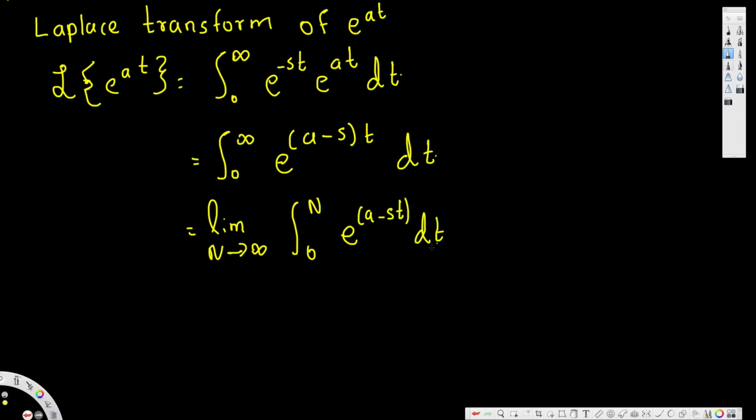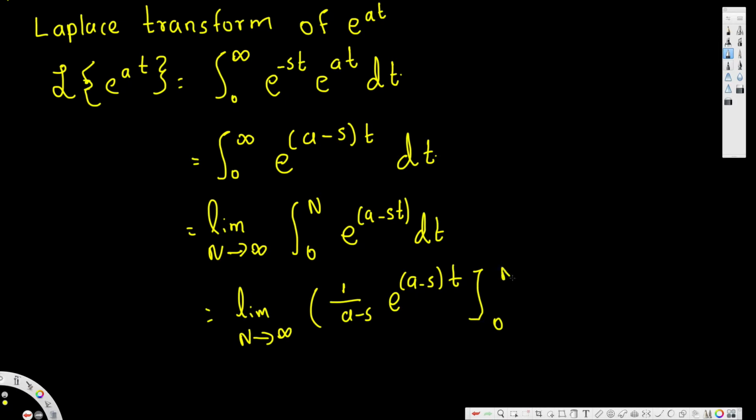Now let's go ahead and do the integration. If we do the integration for this one, this will become 1 over a minus s e power a minus s t. We still have to apply the limit, that is 0 to n.